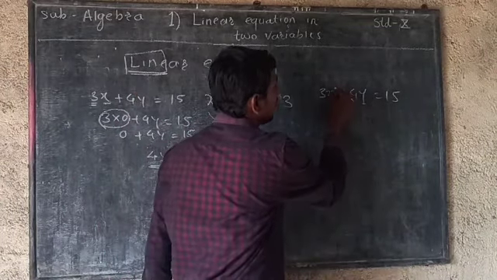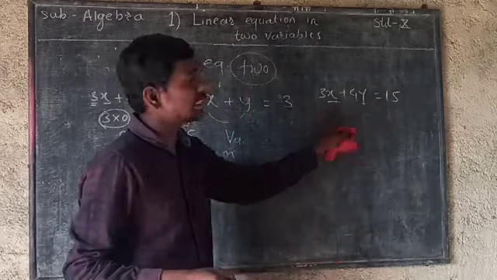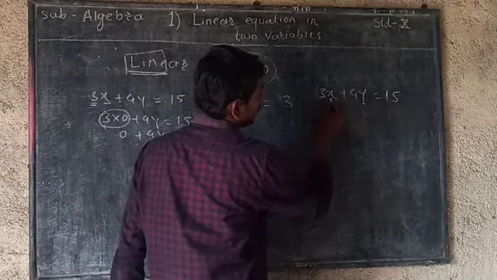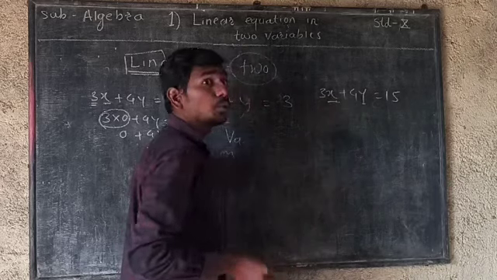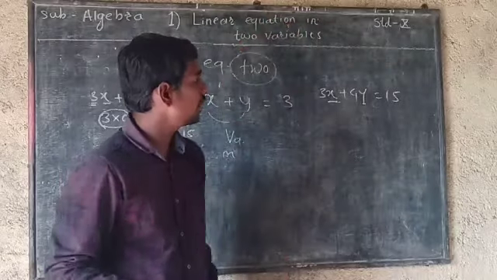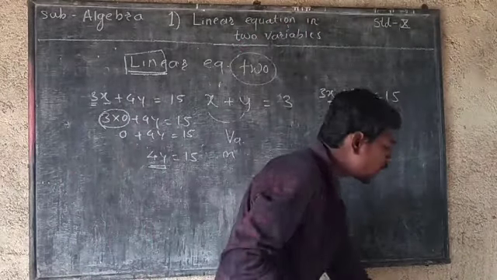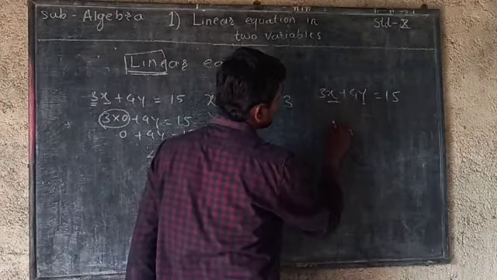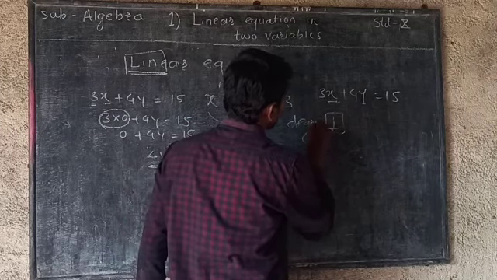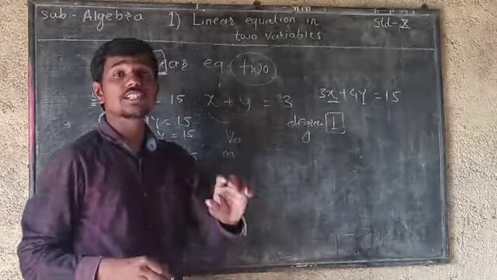Here the index is 1 for both x and y. So we cannot take index 2 for x and y or any other higher index. It means the degree of a linear equation is always 1. We cannot take more than 1 as a degree.